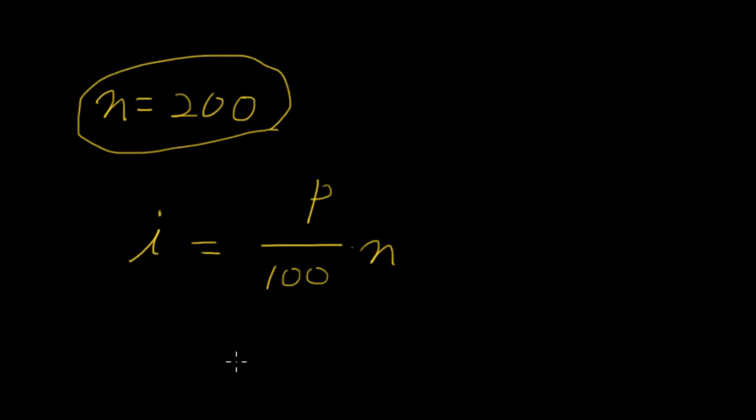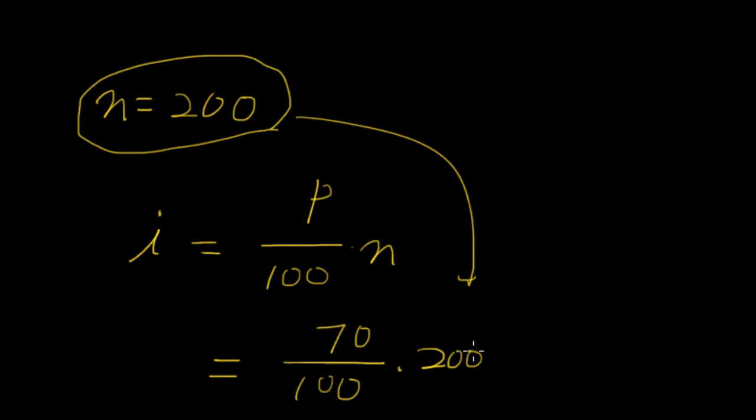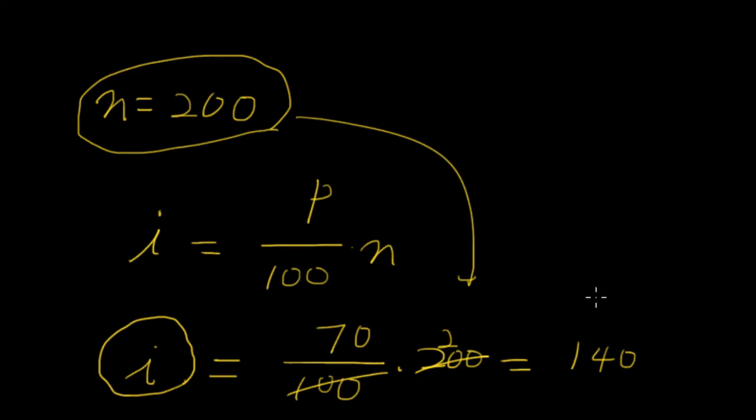So p being 70 over 100, and n equal to 200, this cancels out to be 2. 70 times 2 is 140. So the position value of the 70th percentile data point is going to be the 140th data, right?